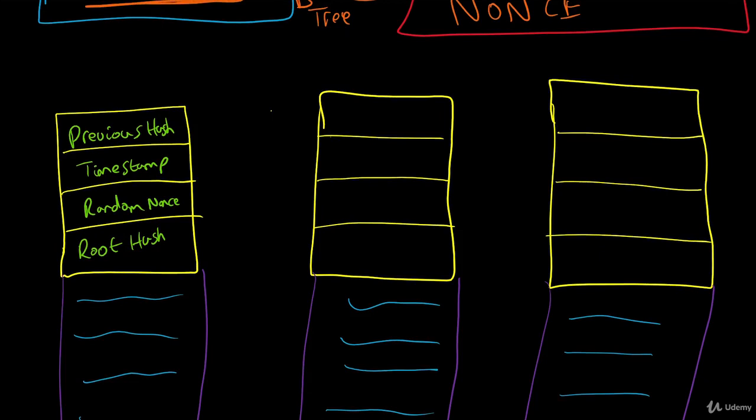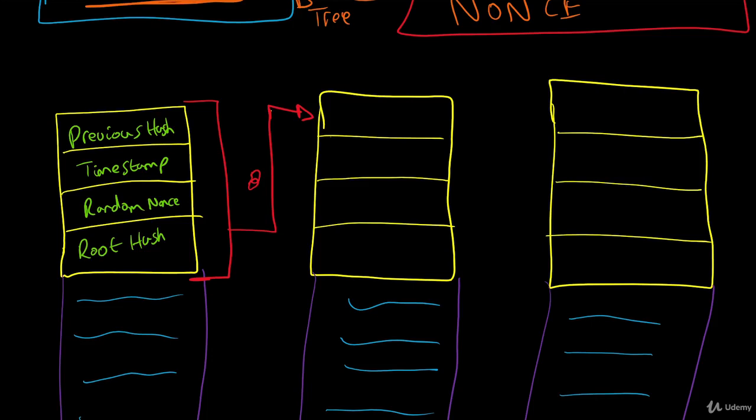You take the hash of the previous block and that forms the previous hash. So that's how they are linked together. You can think of this as a chain. I'll try to draw a chain here. So when blocks are chained together, that's how blockchain gets its name, blockchain.